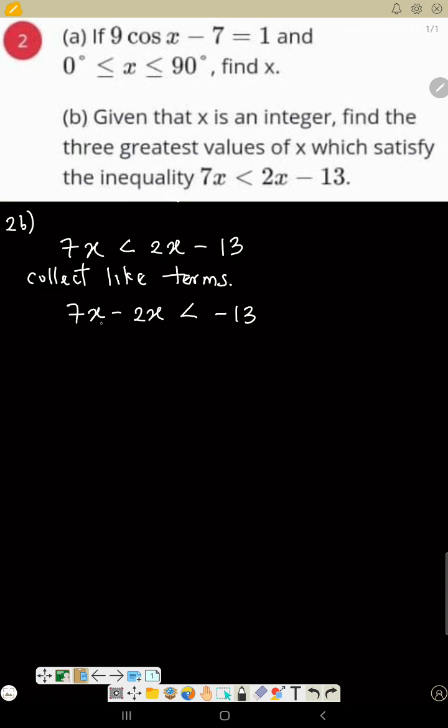So 7s minus 2s, that is 5s. So this will be 5s is less than minus 13. So now divide both sides by 5.